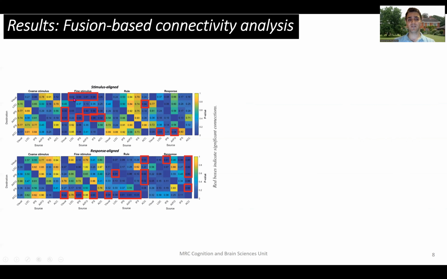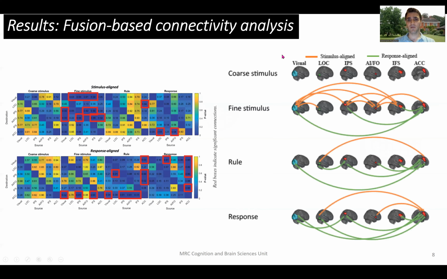And you can see the significance of the connectivities between areas, with red boxes showing significance. And what we observed is summarized in these brain plots here on the right.